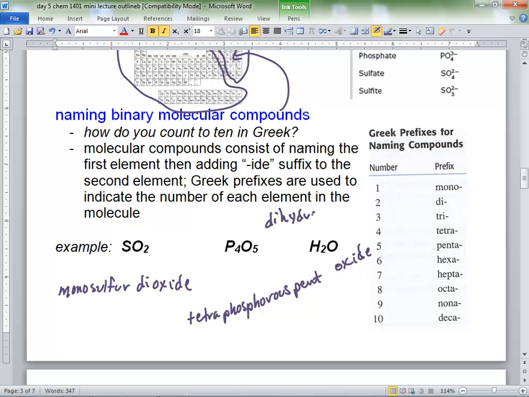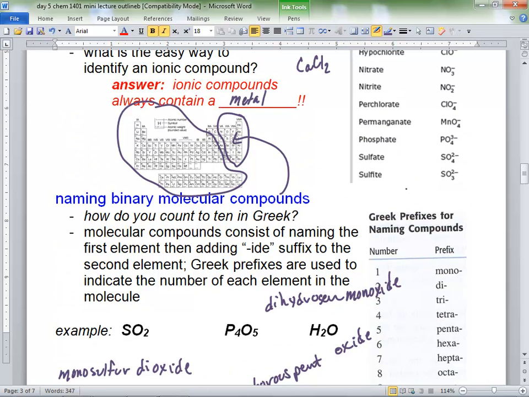Dihydrogen. Good. There's not 2 oxygens, though. Dihydrogen monoxide. Yep, dihydrogen monoxide. Okay. Sometimes they leave the monos out, but I just always put them in. Life is easier that way.